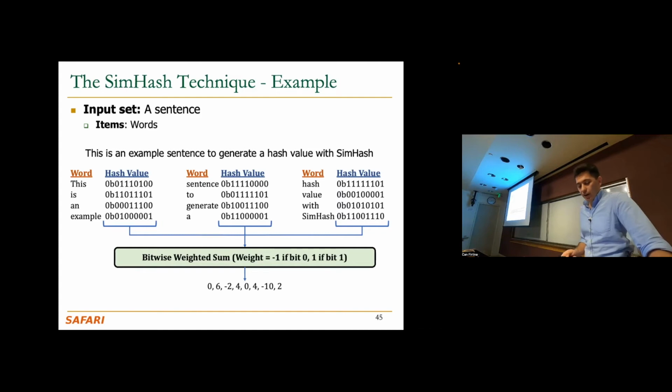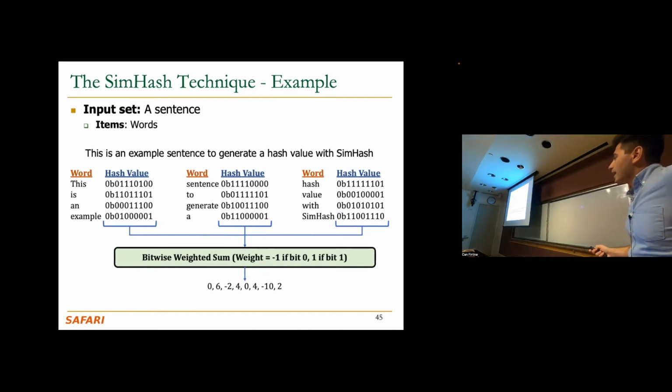Meaning, we find the net difference between the ones and zeros at each bit position. We count the number of ones at a certain position, then count the number of zeros, and take the difference, right? So we do it bitwise, and we assign 1 for each one and -1 for each zero, so that it becomes a bitwise weighted sum.